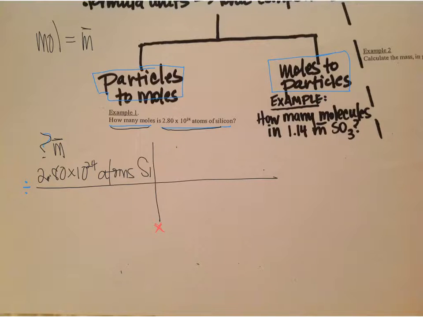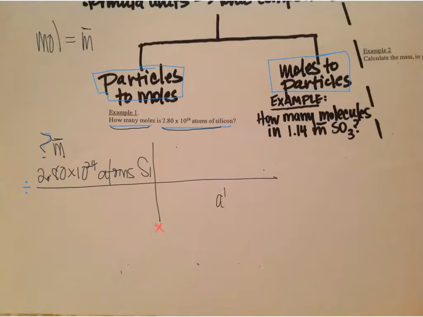Now, the whole point of doing these conversions is that you cancel one unit and get to a different unit. So we want to convert to moles, and we have atoms. So the first thing you're going to do is whatever the unit is here in the first section should automatically go down here in the bottom of the next section.